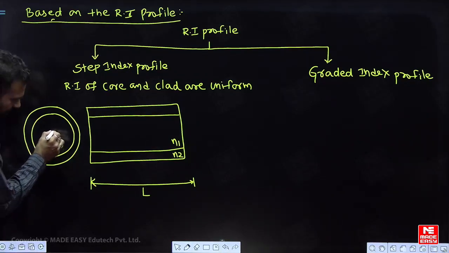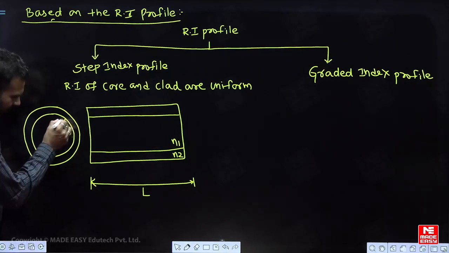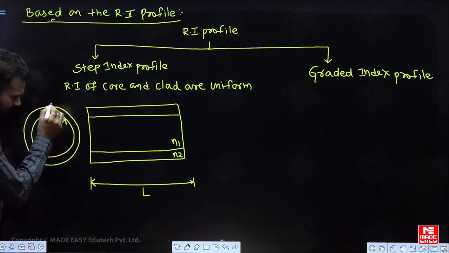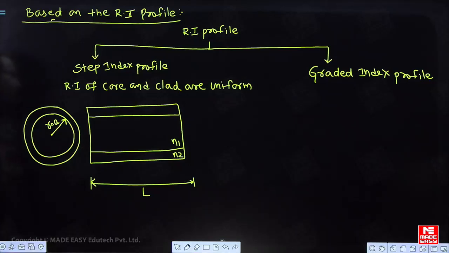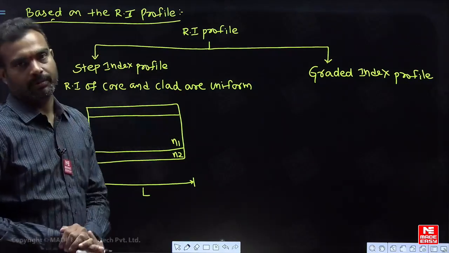This is the radius of the clad, given as R equal to A. A is the radius, 2A is the diameter of the core. R is the radius, equal to A, the radius of the core.